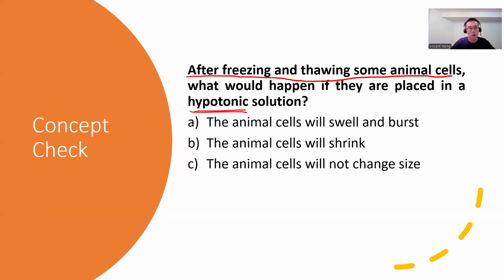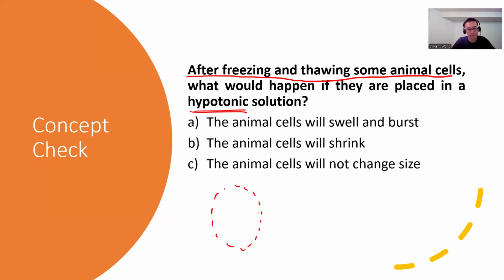So as water freezes, it expands. And that expansion is actually going to pop your cell. Also, there are going to be ice crystals forming that would pierce the cell membrane, because the cell is mostly water inside, right? The cytoplasm. So after freezing and thawing, your cell is actually full of holes.